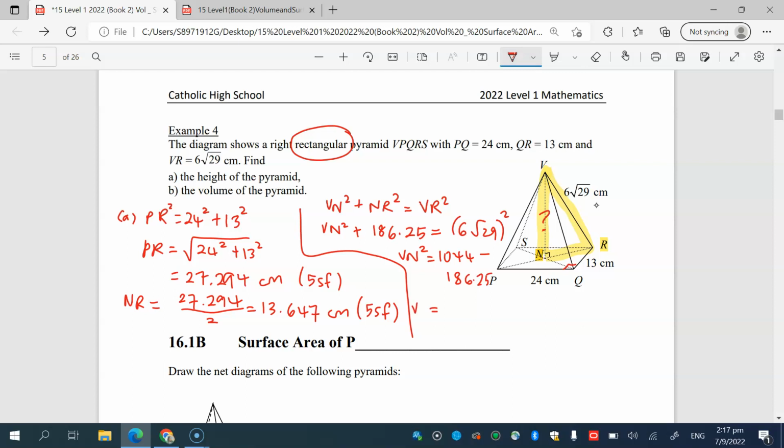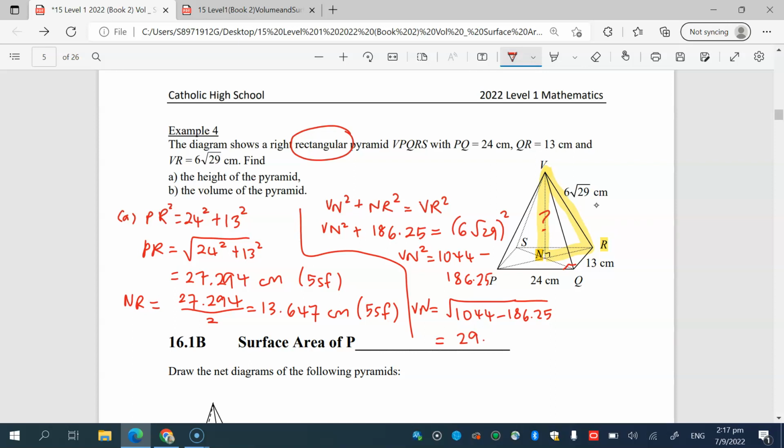And therefore VN is the square root of 1044 minus 186.25. The answer is 29.3 cm to 3SF. This is the final answer, so you can leave it as 3SF.